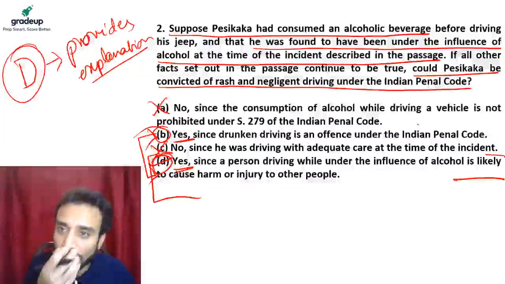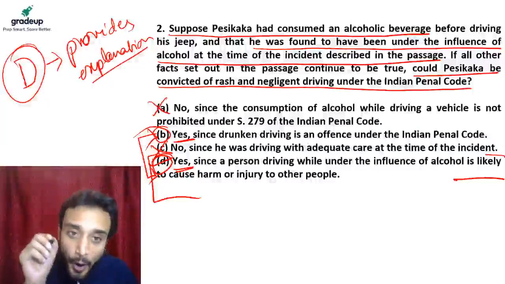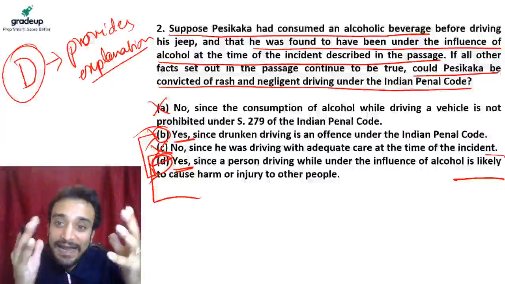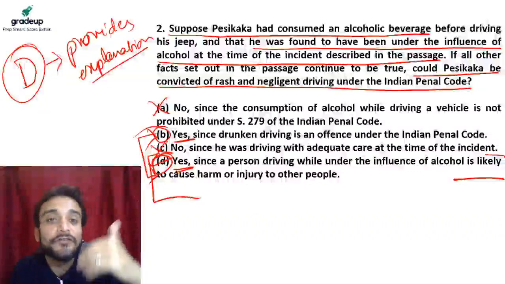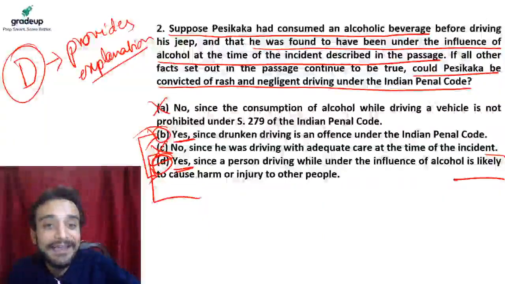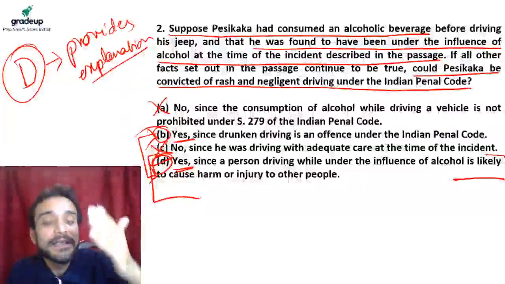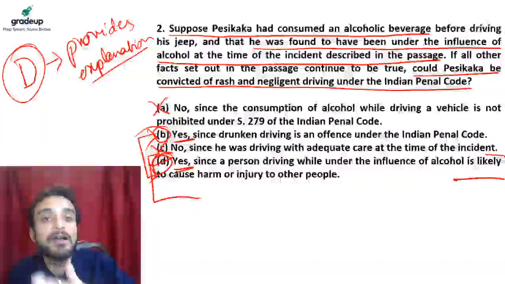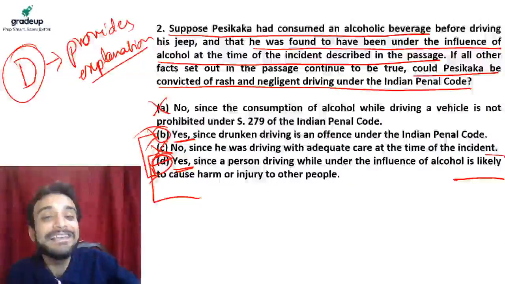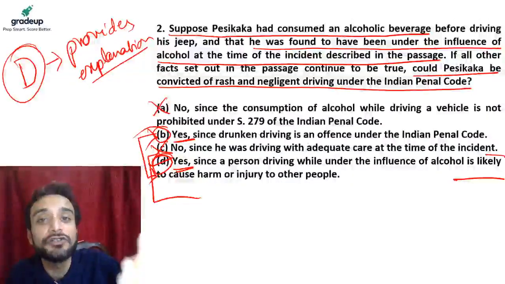Of course, it's an offense under the Indian Penal Code, but option D explains that if a person is under the influence of alcohol, there is a likelihood that because of him being under the influence of alcohol, he can cause injury to other persons.